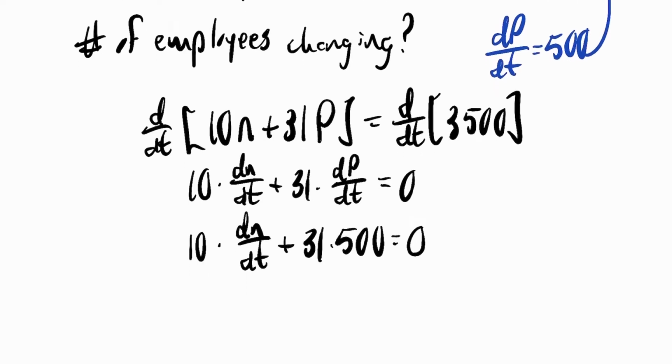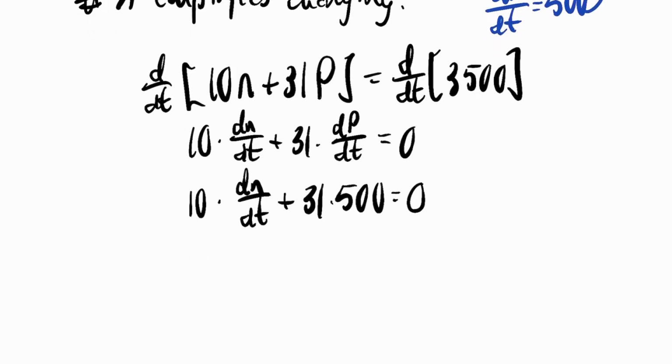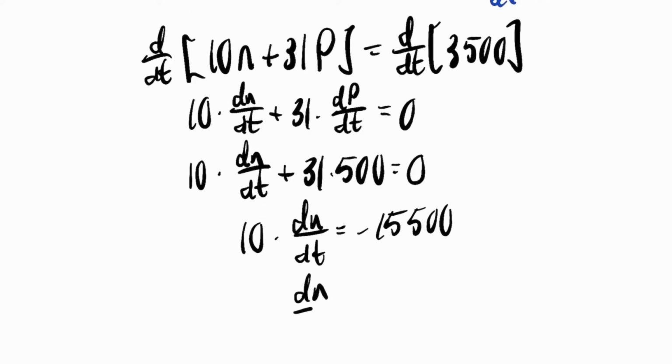I'm going to go ahead and subtract the 31 times 500 from both sides. And I believe that's 15,500. So 10 times dn/dt equals negative 15,500. And then I can divide by 10 on both sides. So dn/dt equals negative 1550.